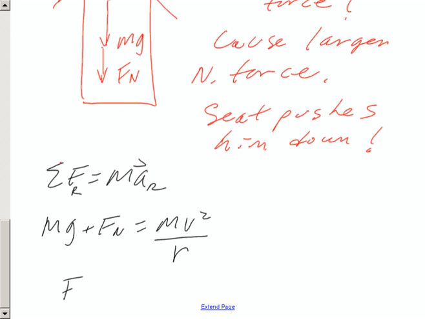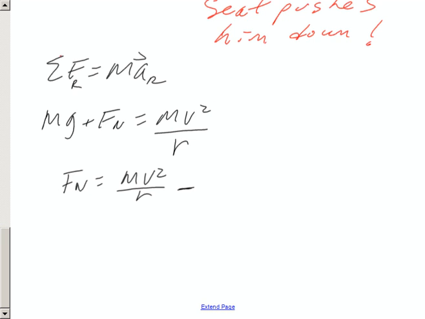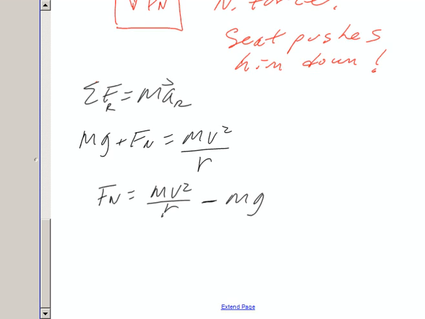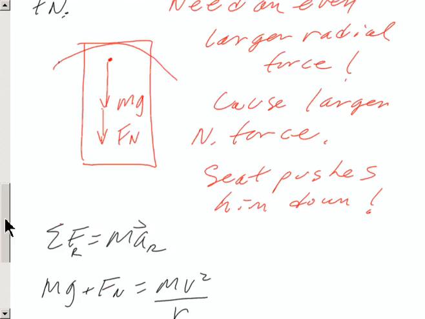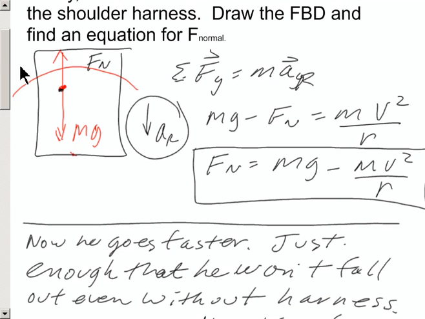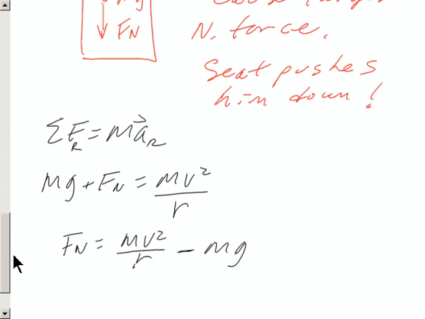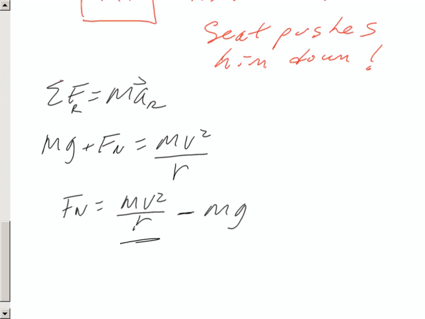Therefore, fn would be equal to mv squared over r minus mg. I'm going to creep up to the first problem. Up to the first problem, you see it's mg minus mv squared over r. On this problem, we see it's mv squared over r minus mg.